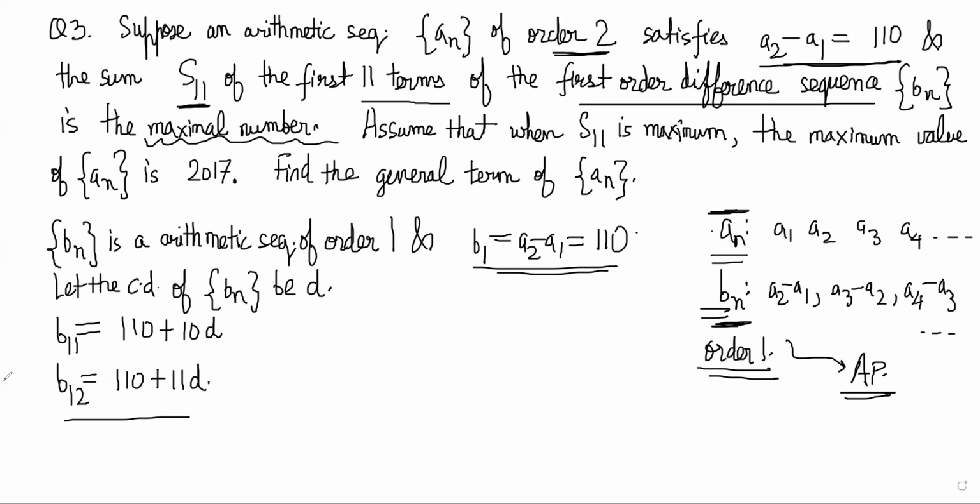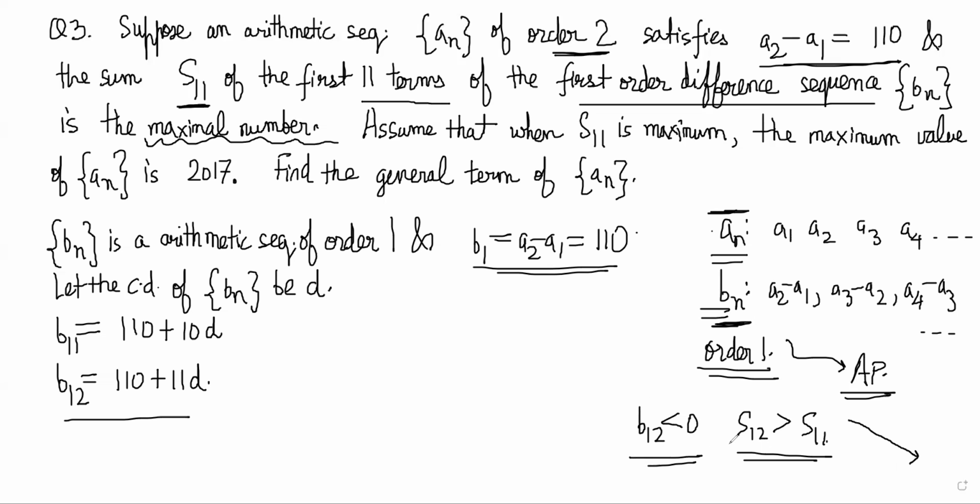Because the sum till 12 terms should be greater than the sum till 11 if it was an increasing sequence, because you are constantly adding terms. So the only way that the sum to 11 terms can be maximum is if it was a decreasing sequence and the 12th term was negative. B12 is less than 0.